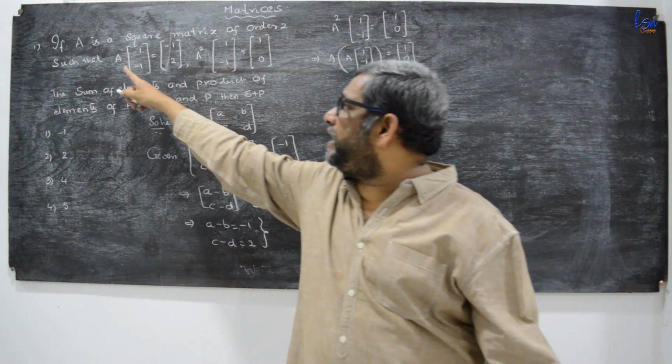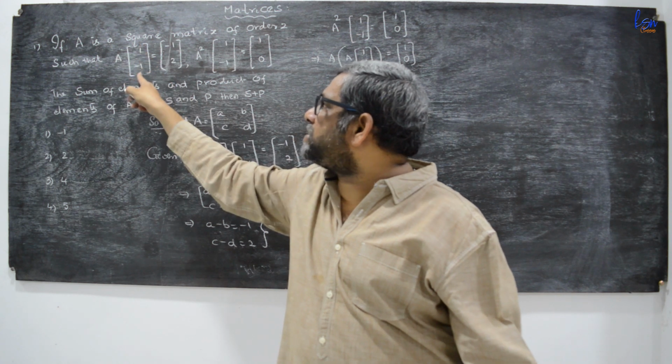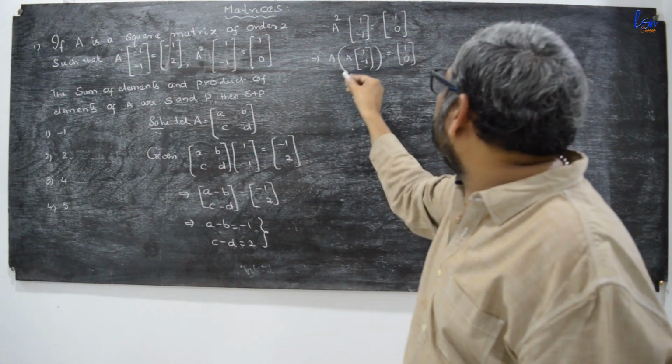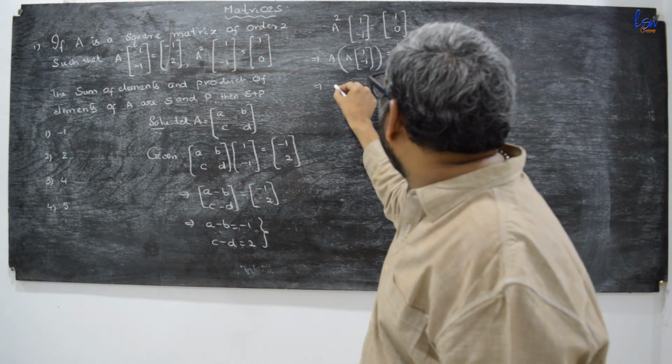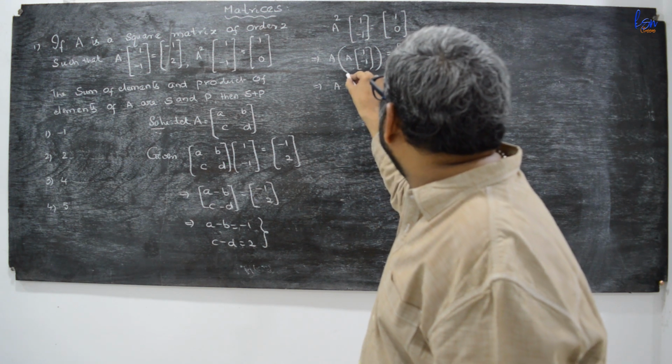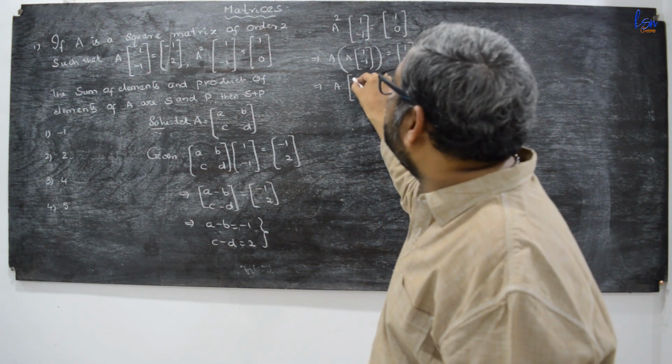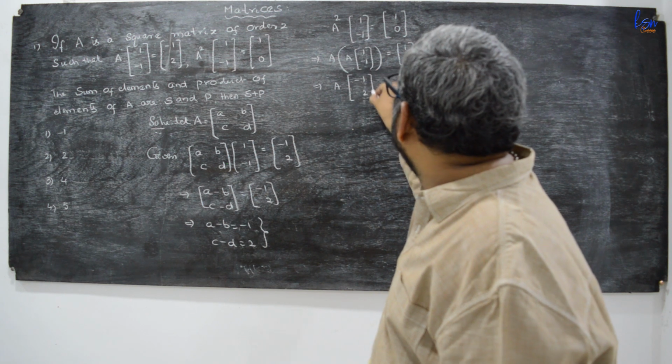Let us write this as A into A into (1, -1) is equal to (1, 0). From the first equation, A into (1, -1) is (-1, 2). So this is A into (-1, 2) is equal to (1, 0).